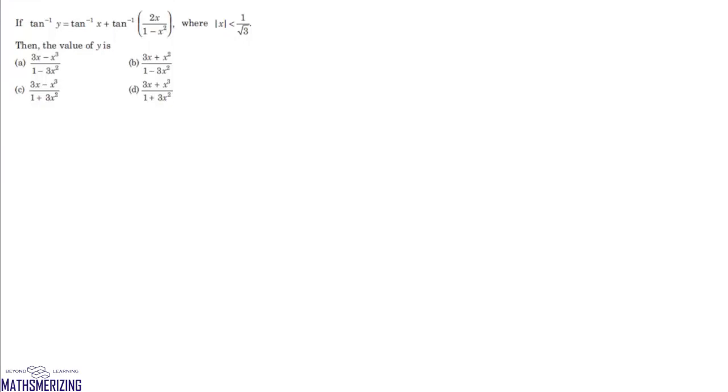Now here the question is, if tan inverse y equals tan inverse x plus tan inverse 2x upon 1 minus x square, where mod x is less than 1 by root 3, then the value of y is. Now what we can do is, we can write this as tan inverse y equals tan inverse x plus tan inverse 2x upon 1 minus x square when x lies between minus 1 by root 3 and plus 1 by root 3.